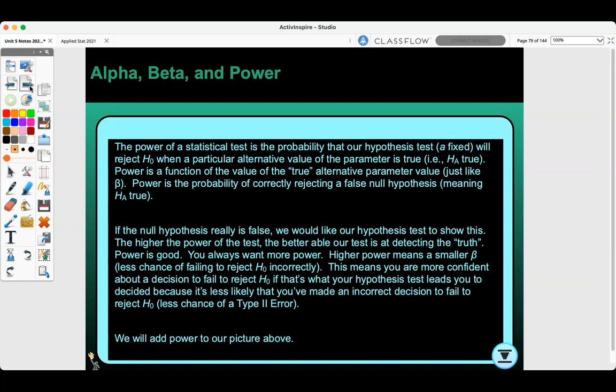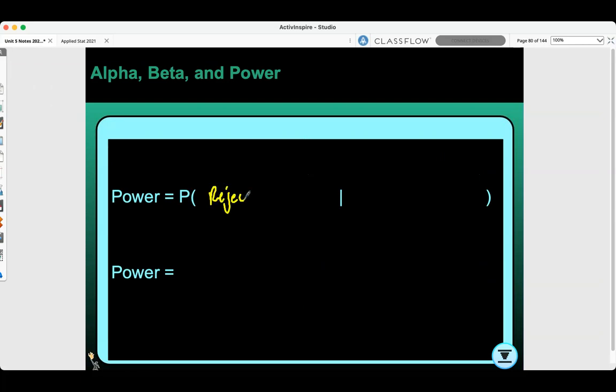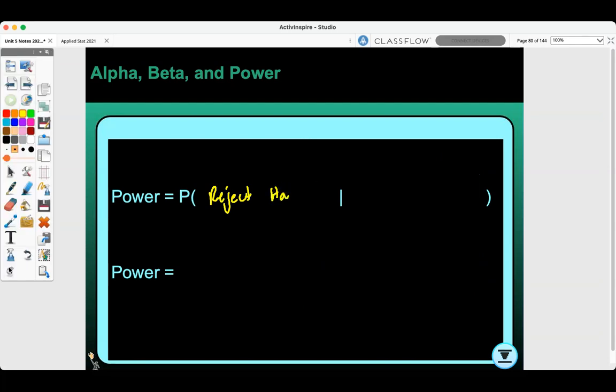We will add power to our picture above, which we already did. We talked about that. And power is the probability to reject the null hypothesis when the alternative is true, given the alternative is true. And power is 1 minus beta.